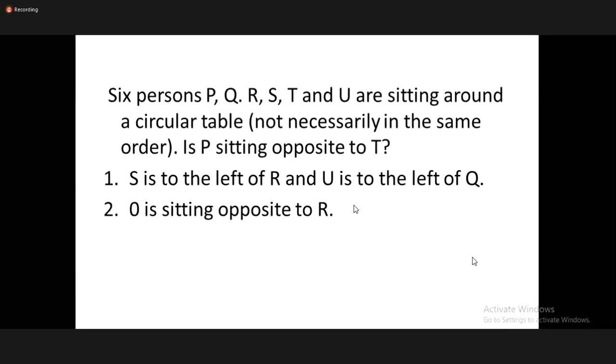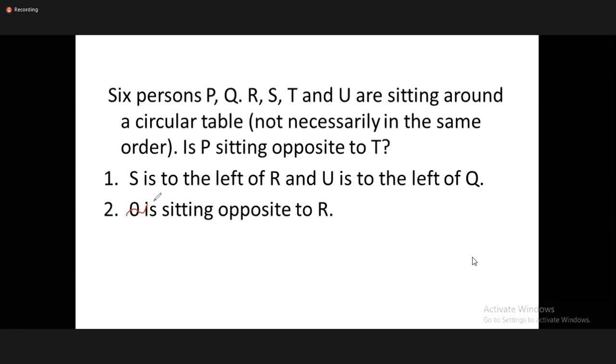Yes guys, so this is Q. So a bit of reasoning ones. I want you to be careful with reasoning ones also. There are 6 persons, P, Q, R, S, T and U, sitting around a circular table, not necessarily in the same order. The question is: is P sitting opposite to T?